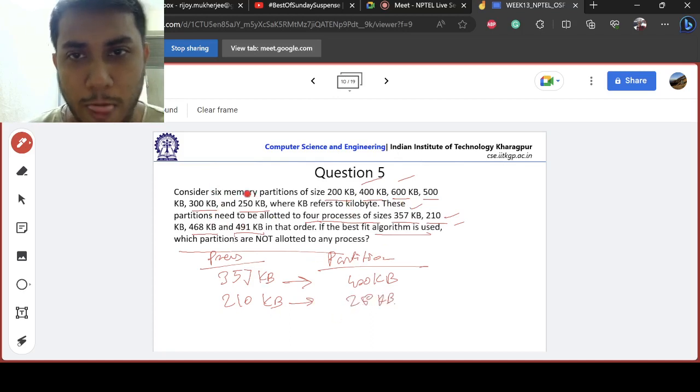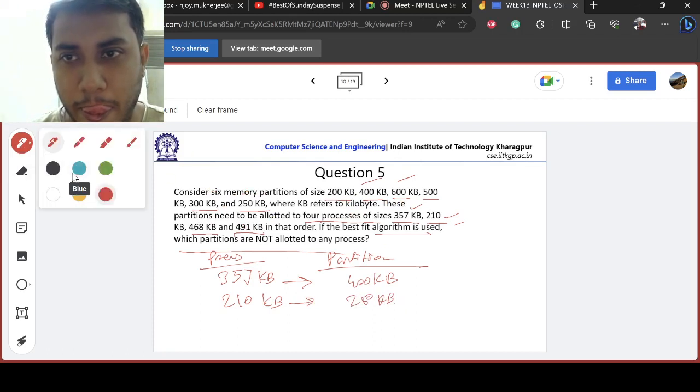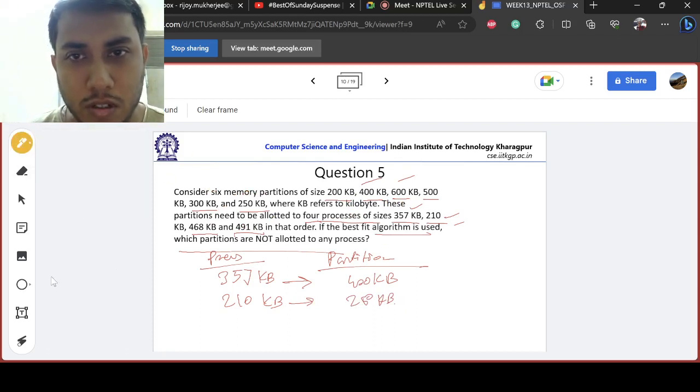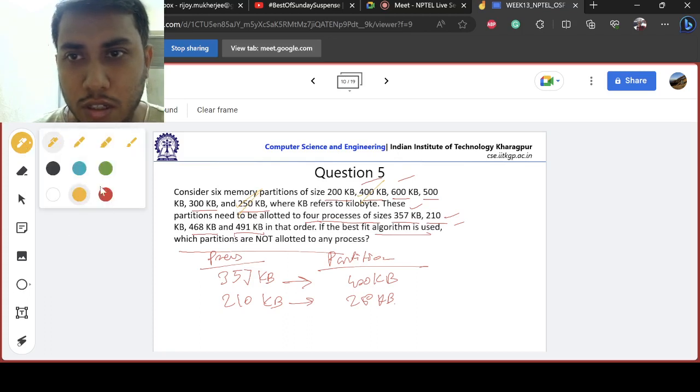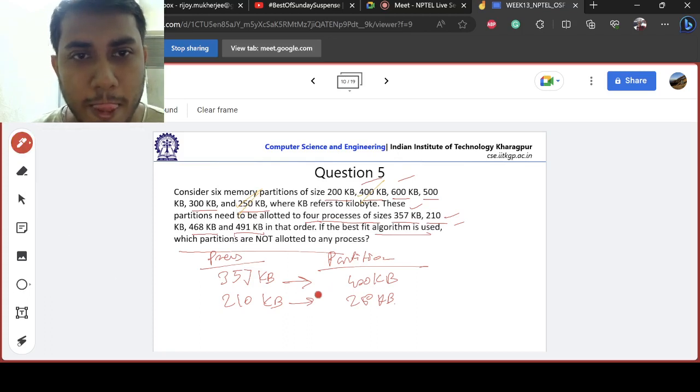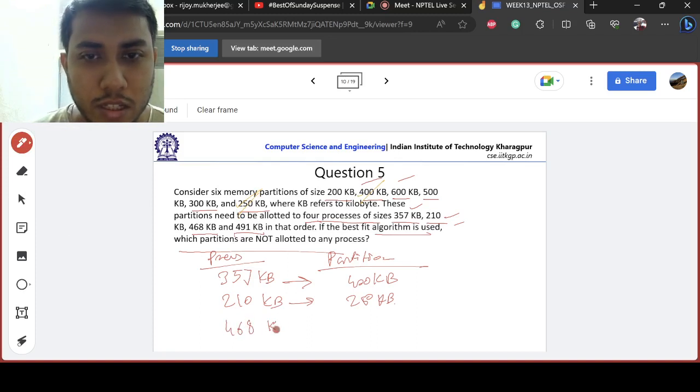So this is gone, this is gone. Now you have the 468 KB process.